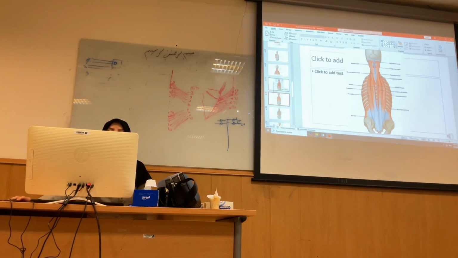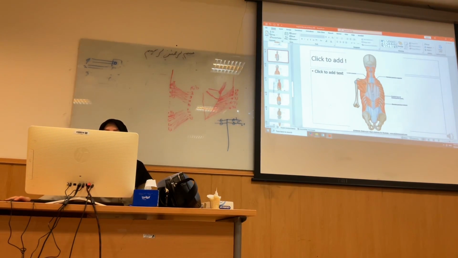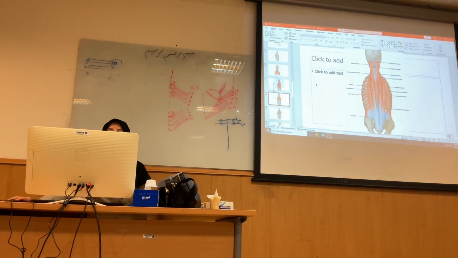If I remove the thoracolumbar fascia, I will be able to explain some of the muscles on each side of the vertebral column. We call them the erector spine muscle.